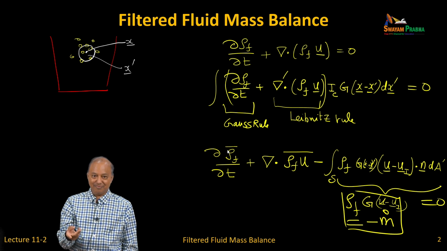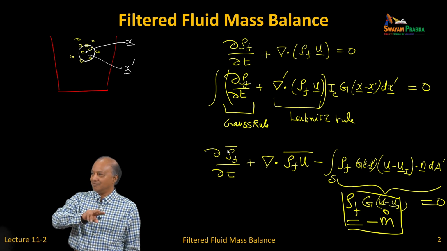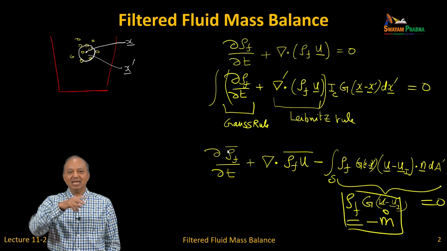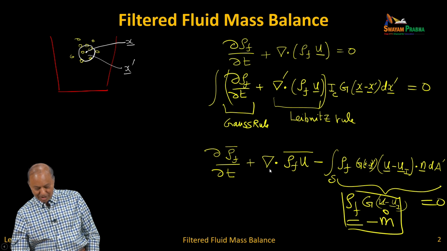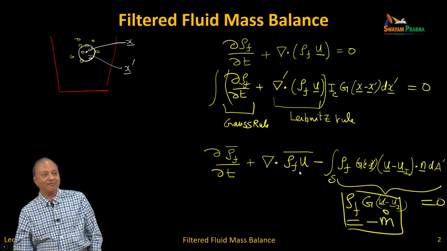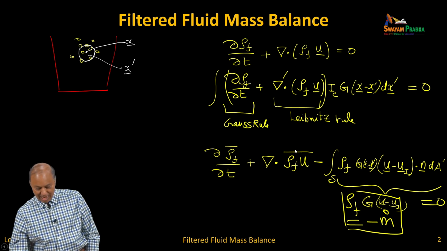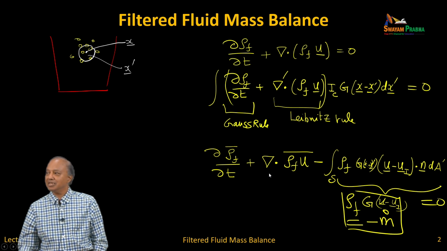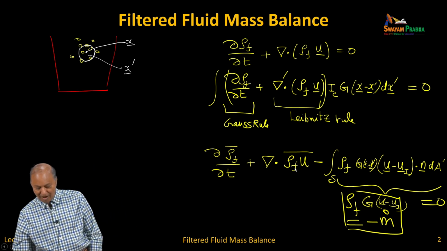So, in other words, I have swapped the integral filtering operation and the derivative operation. And the same thing here, I have divergence of an average. And this averaging, I said Favre averaging, is the average of the density times velocity. So, this is what is called Favre average velocity. This is the average density.